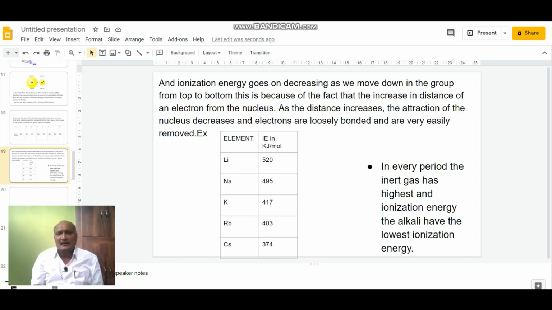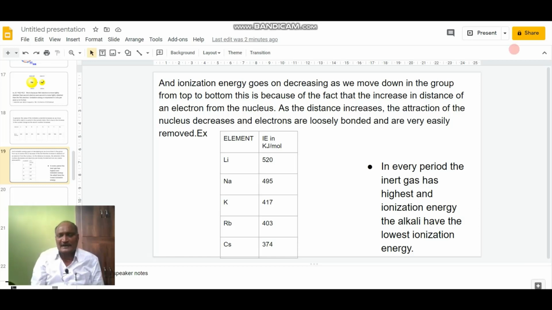The decrease in the ionization energy is due to the increase in the distance of an electron from the nucleus. As the distance between the electron and the nucleus increases, the attraction of the nucleus decreases. As the attraction of the nucleus over the orbital electron decreases, the electrons are loosely bonded and are very easily removed.